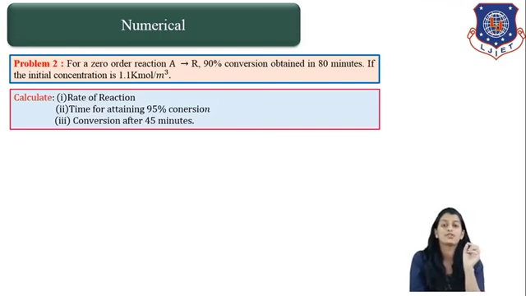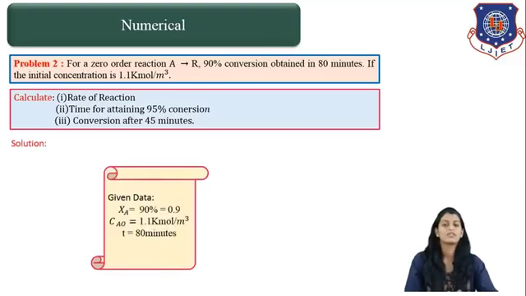Correct? So if the initial concentration is 1.1 kilomole per meter cube, then we need to determine what is rate of reaction, what is time for attaining 95% conversion, and what is conversion after 45 minutes, right? So this is what we need to determine.